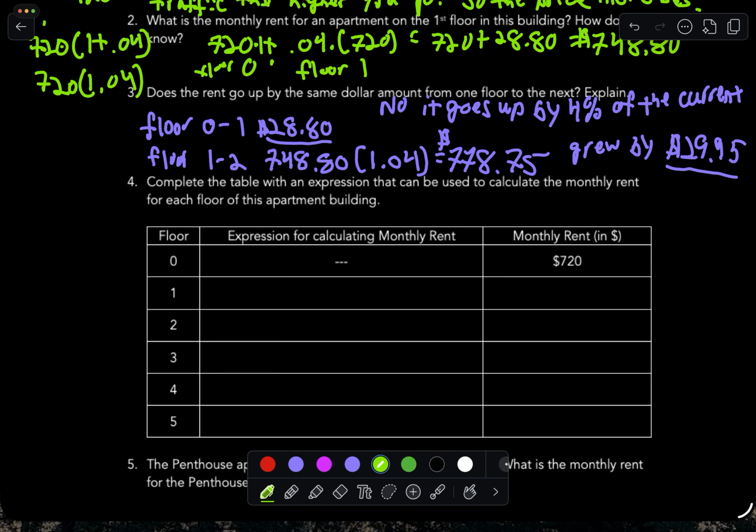Okay, so for the first floor, you take 720, and you're going to multiply it by 1.04, and that will give you $748.80. Okay?